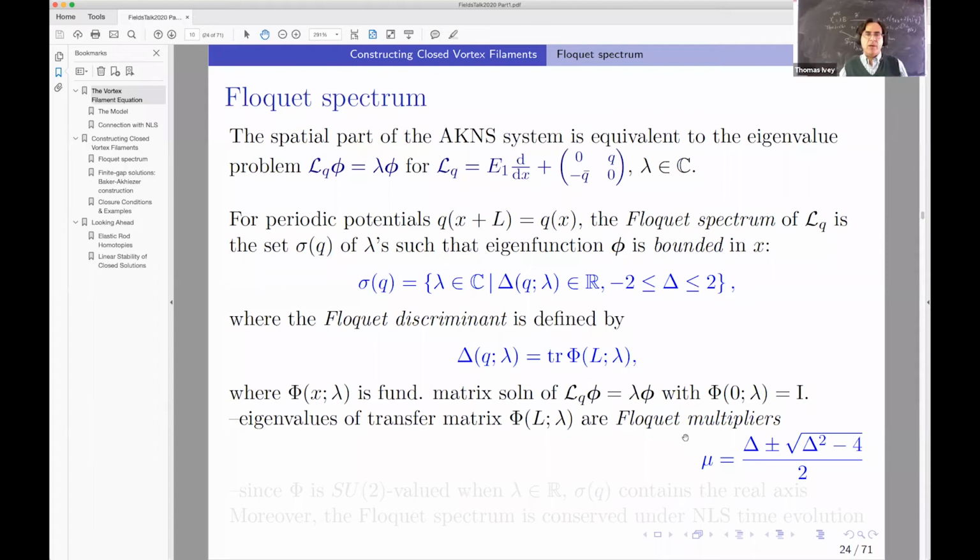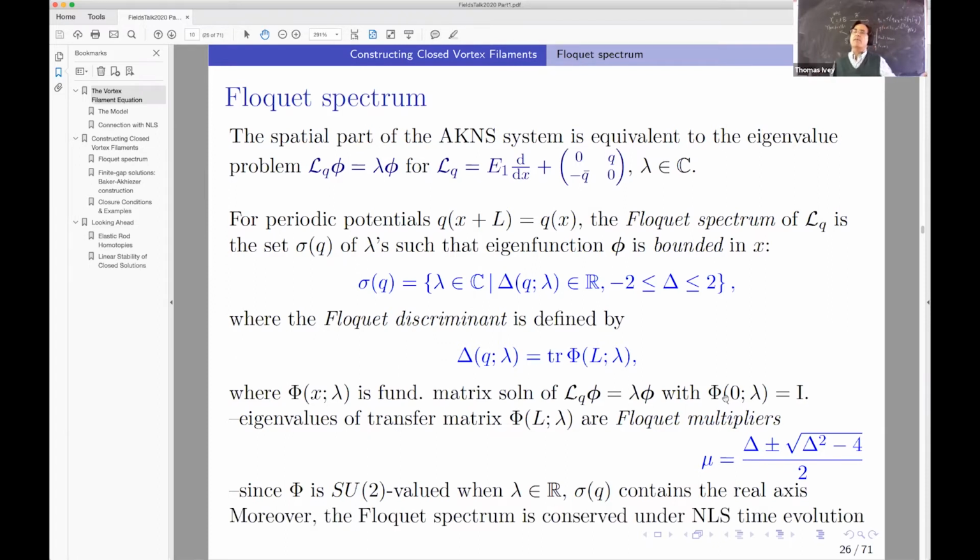So what lambda values belong to the Floquet spectrum? Well, for one thing, as I mentioned earlier, when lambda is a real number, the transfer matrix, which starts at the identity, will belong to the Lie group SU(2), which is compact. And so, if the transfer matrix is just multiplying by an element of a compact Lie group, the eigenfunction stays bounded for all x. And so every real lambda belongs to the Floquet spectrum.